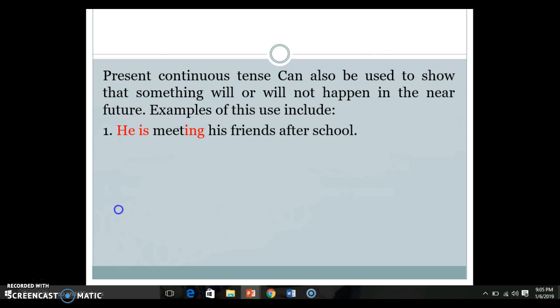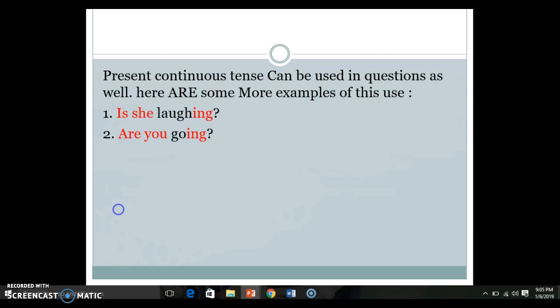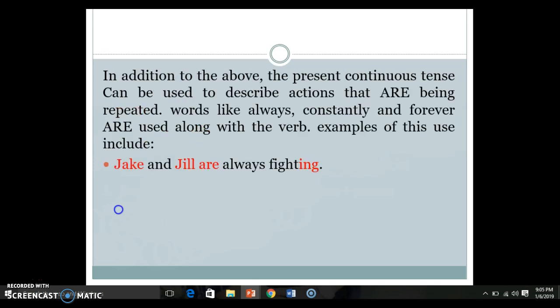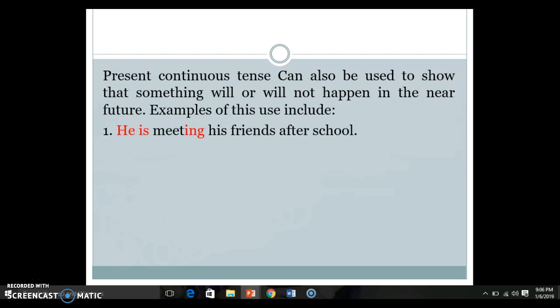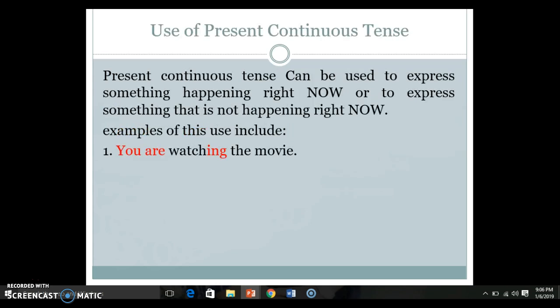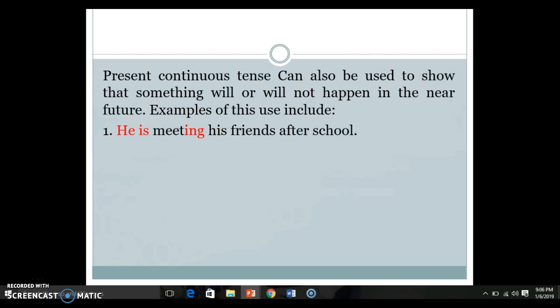And negative sentence is he is not meeting his friend after school. And for the interrogative sentence is is he meeting his friend after school?